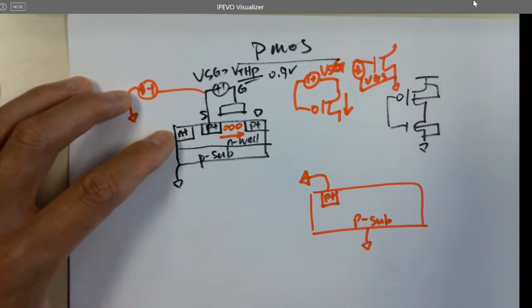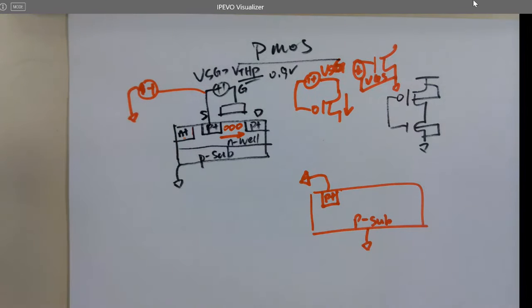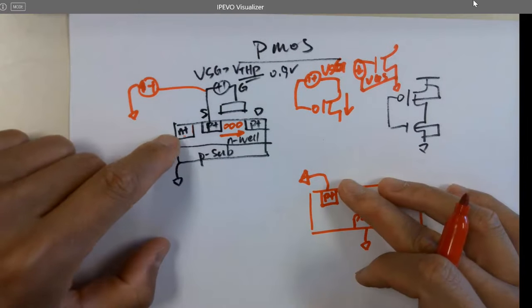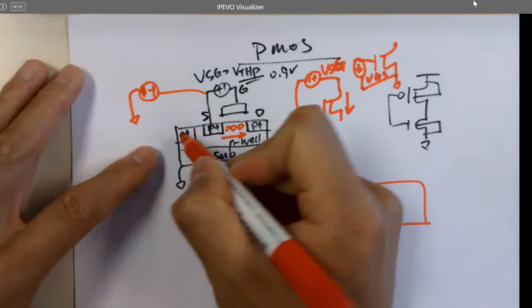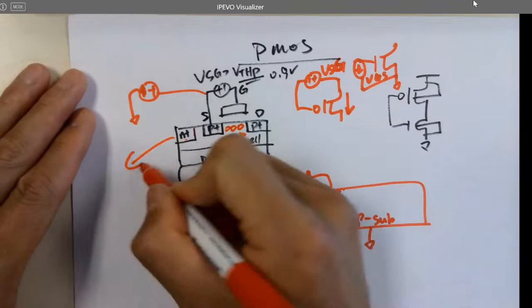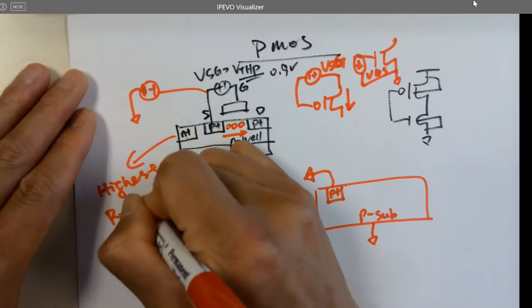Otherwise, how do you short it? It's just material in the wafer. You need a contact. That's why you put N plus here and short it to the highest potential in the circuit to avoid body effect.